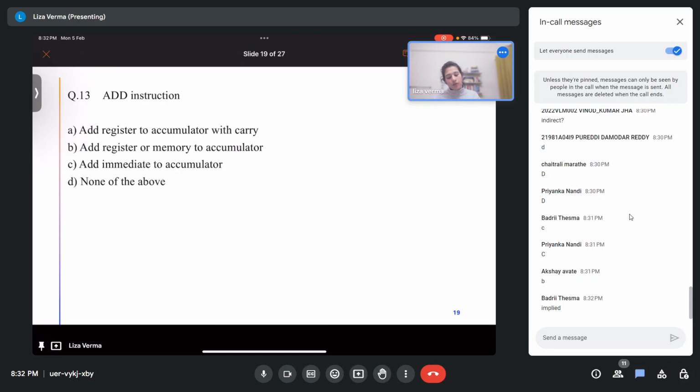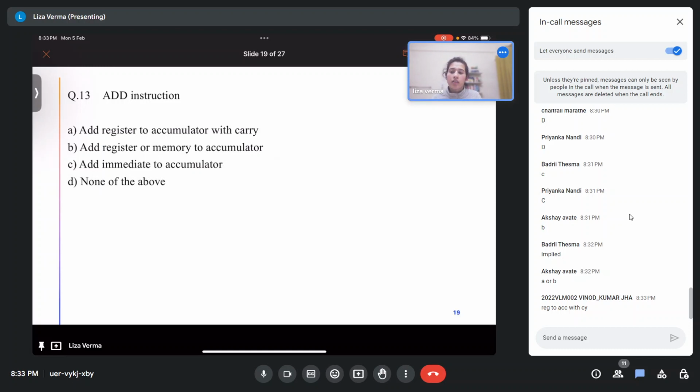Next one. What does the normal ADD instruction do? Number C, add immediate to accumulator. Think again. A or B? B, I think. B, register or memory to accumulator.